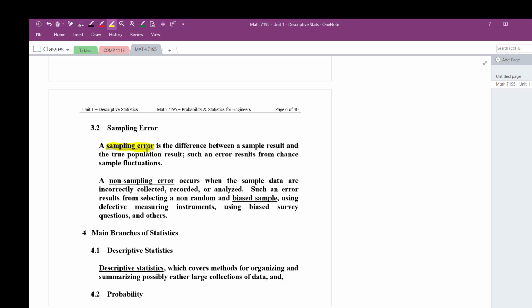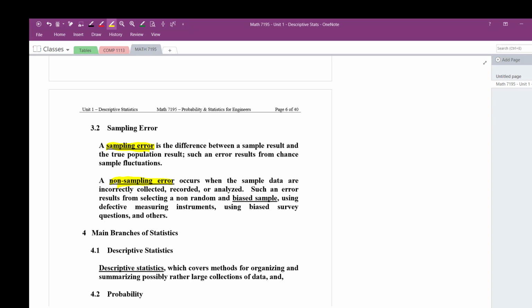So the difference between my sample value and the actual population value is the sampling error. Now, other errors occur. We call those non-sampling errors. This is when you actually make a mistake. You write the numbers down wrong. You have a biased sample. I want to know the mean of my students on assignment number 1, and I just mark the students in the front row, and then I calculate the mean of those students.